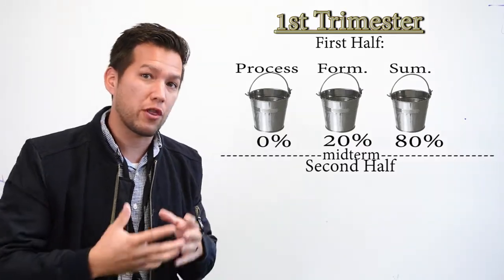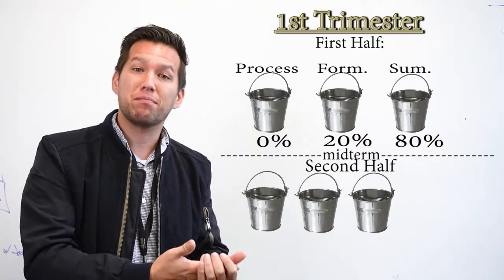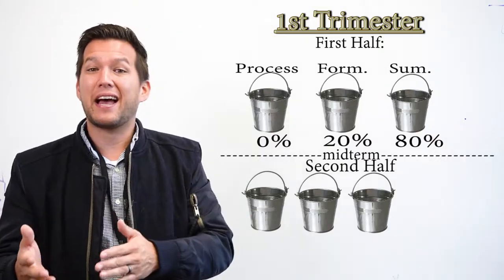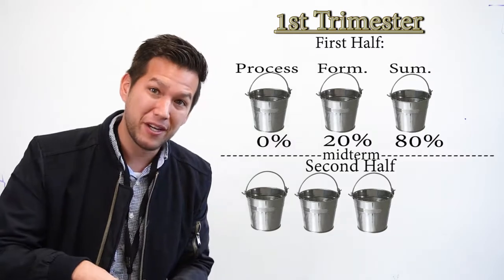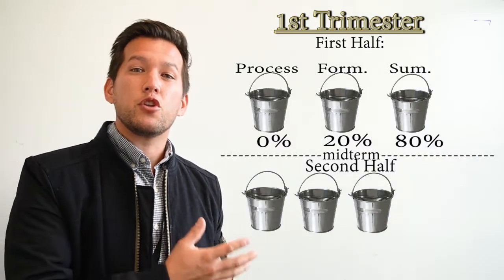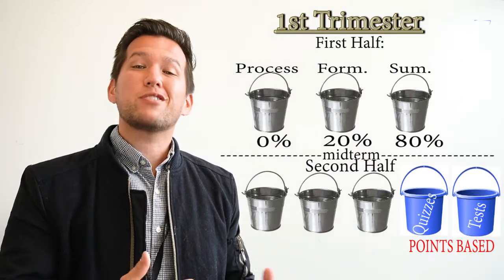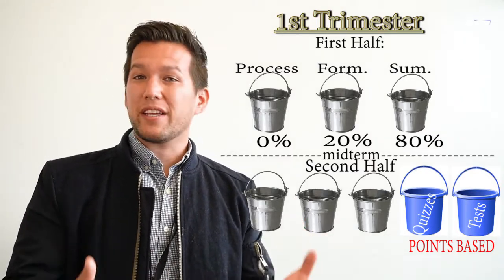One of those is the buckets. You're still going to see the process, formative, summative buckets show up in your second half of first term gradebook. So the first thing we're going to have to do is create new buckets with the correct settings based on points, not on a weighting system.